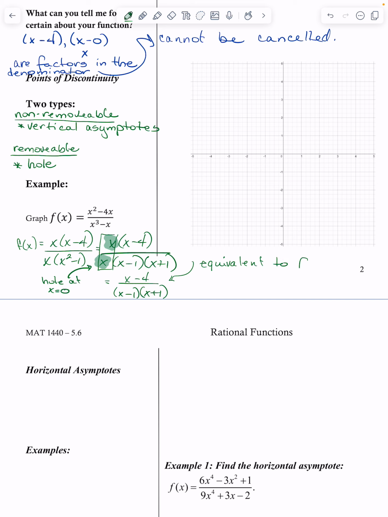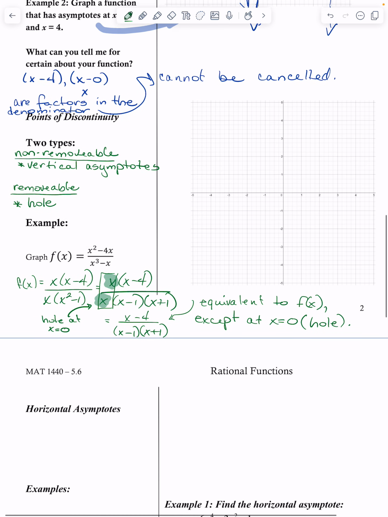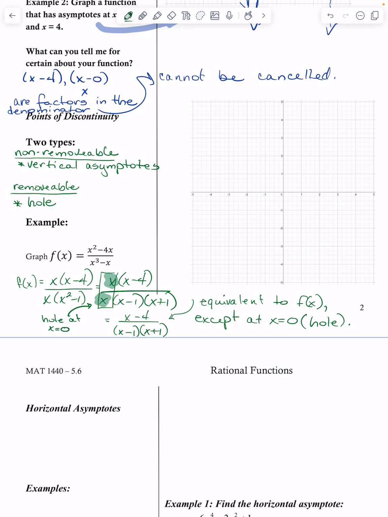So I'm going to write that here. Equivalent to f of x except at x equals 0, which was our hole. Cancel from numerator and denominator. So I'm going to go ahead and use what I can here. I know I can take these factors in the denominator and find my asymptotes.